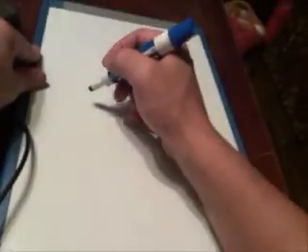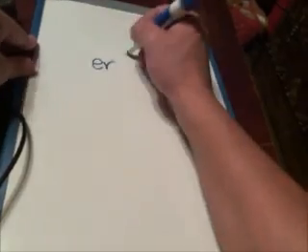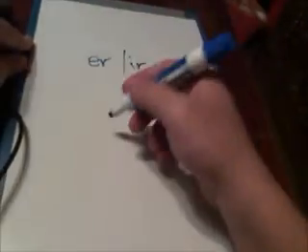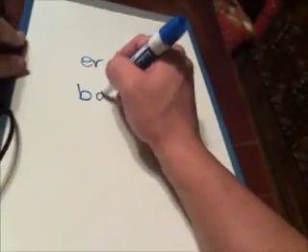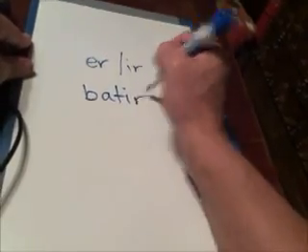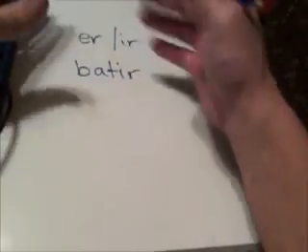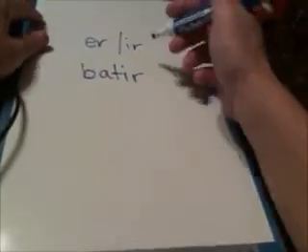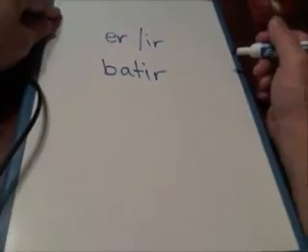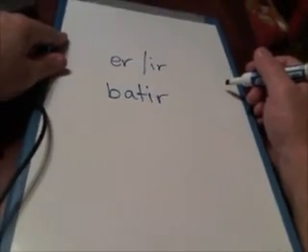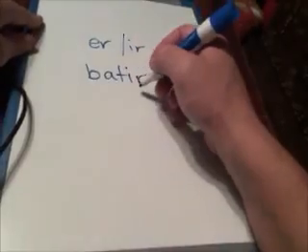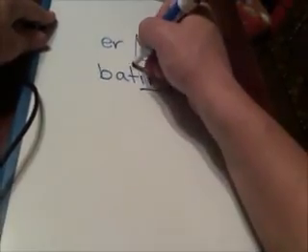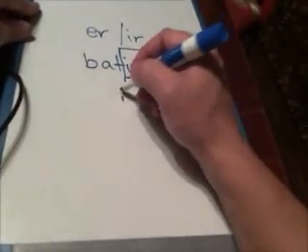Okay, so we have an ER-IR verb. Let's do an IR verb this time. How about batir? Batir. To beat. Like to hit something against something is batir. Okay? So this is again an ER-IR. It's regular. Now, for the IR, what's our opposite vowel?